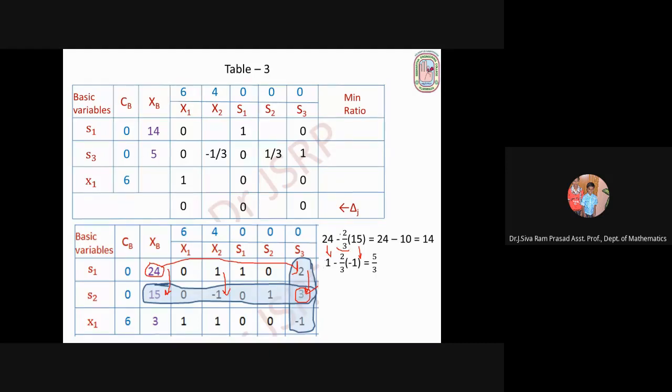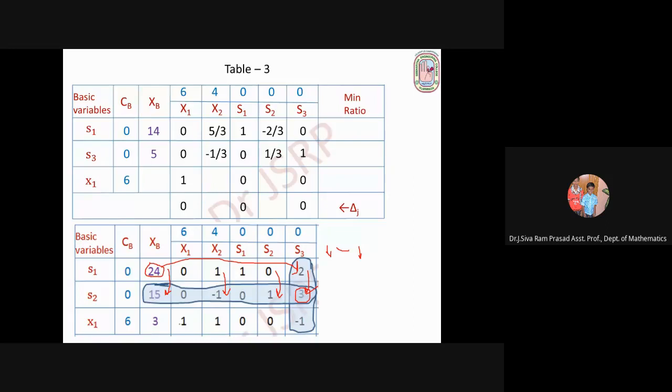So 1 minus 2 by 3 into minus 1. Take LCM 3, plus 2, 5 by 3. So x2 is 5 by 3. Next, S2 value: present value 0 and pivot row element 1. So 0 minus 2 by 3 into 1, so minus 2 by 3.